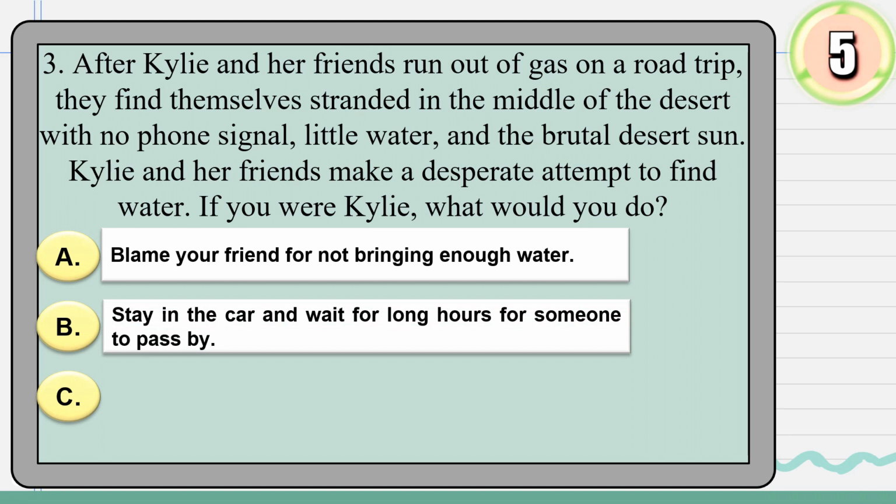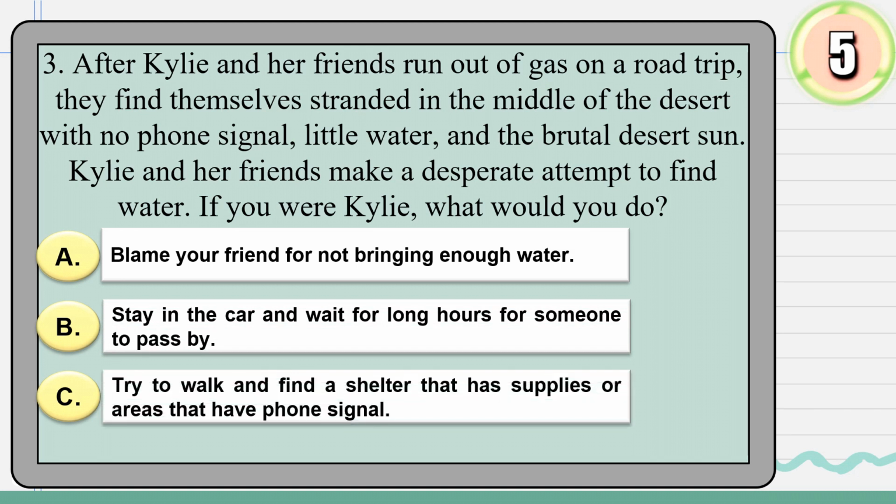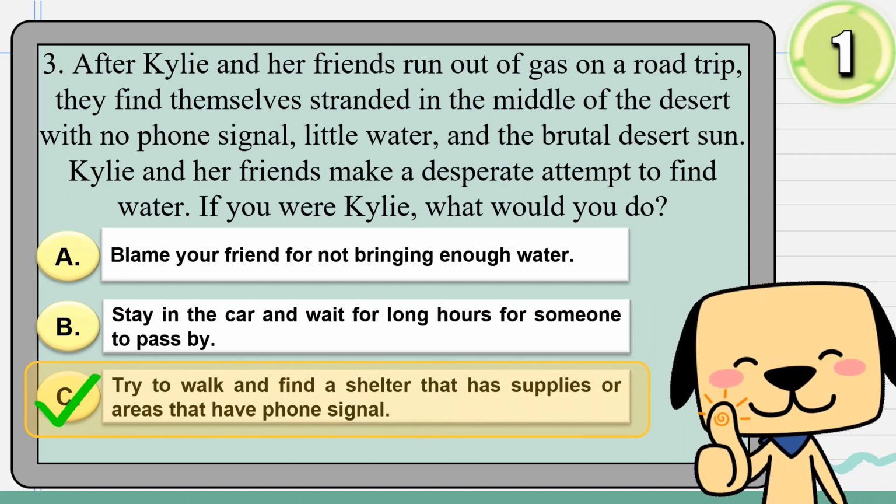B. Stay in the car and wait for long hours for someone to pass by. Or C. Try to walk and find a shelter that has supplies or areas that have phone signal. The answer is letter C. Very good.